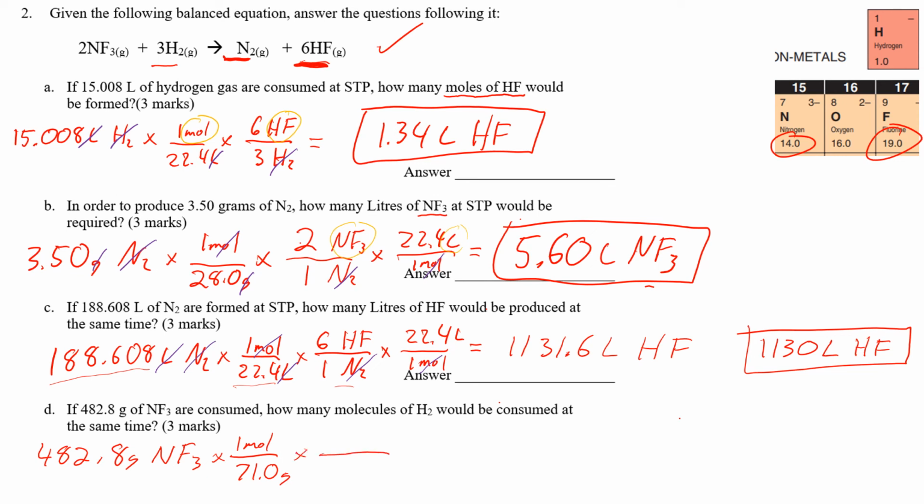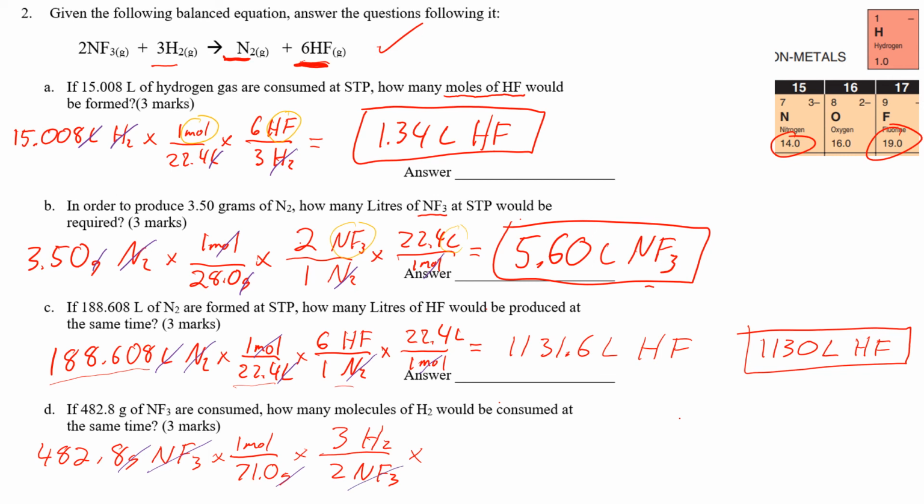So by using my molar ratio, there's 2 NF3 for every 3 H2s. If I do a unit check, grams cancels with grams, NF3 cancels with NF3.